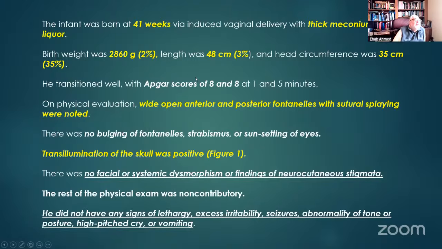So don't miss that. There was no respiratory problem, good Apgars, widely open fontanelles and separated sutures, but they were not bulging. There was no strabismus or sunsetting eyes, which are signs of hydrocephalus with increased intracranial pressure. Usually the fontanelles are bulging, you have strabismus and a sunsetting appearance of the eyes. There was nothing of those.